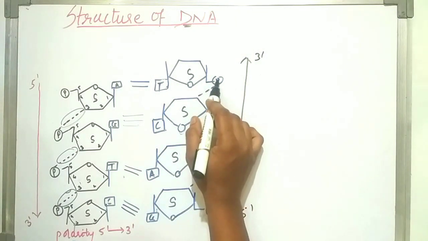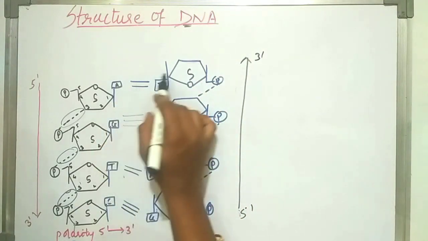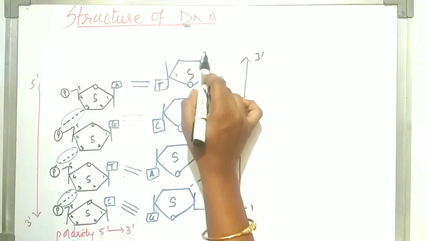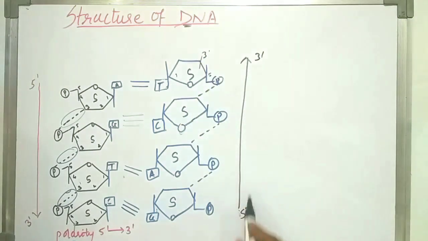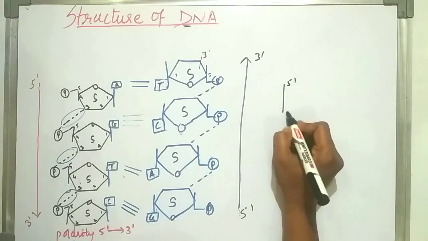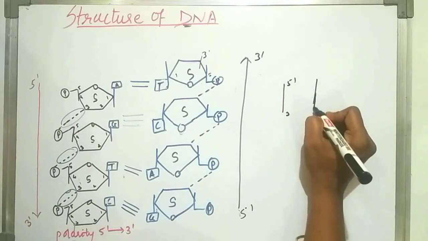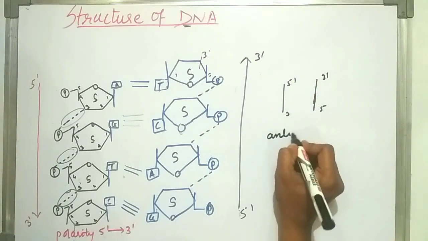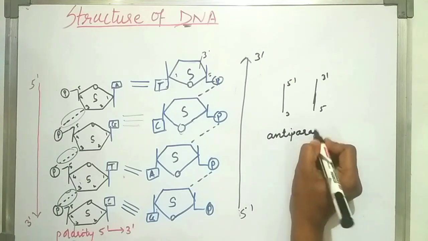The first position, the 5th position, will be here, and the 3 position will be here. That's why 3' to 5'. One strand will be in 5' to 3', and the other opposite strand will be 3' to 5'. This is called anti-parallel nature.